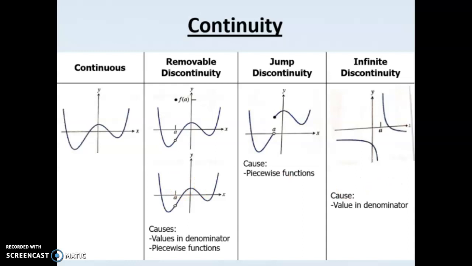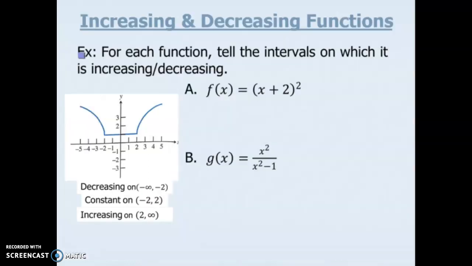The next thing I want to look at is your increasing and decreasing functions. Increasing and decreasing is really just as you're looking at your function going from left to right. Looking at this first one, I'm coming from left to right. My graph is going down. Oh, it's decreasing. The x values at which it's decreasing are, well, forever ago, wherever it started, negative infinity. -2 is the x value where it stopped decreasing.